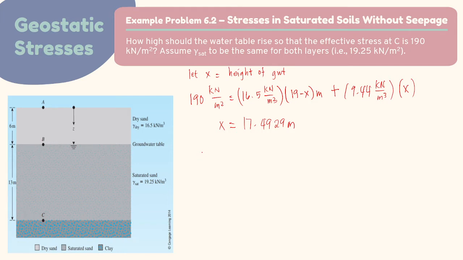So the rise is equal to the calculated 17.4929 meters minus the previous or the existing groundwater table, which is 13 meters. So the rise would be equal to 4.4929 meters.